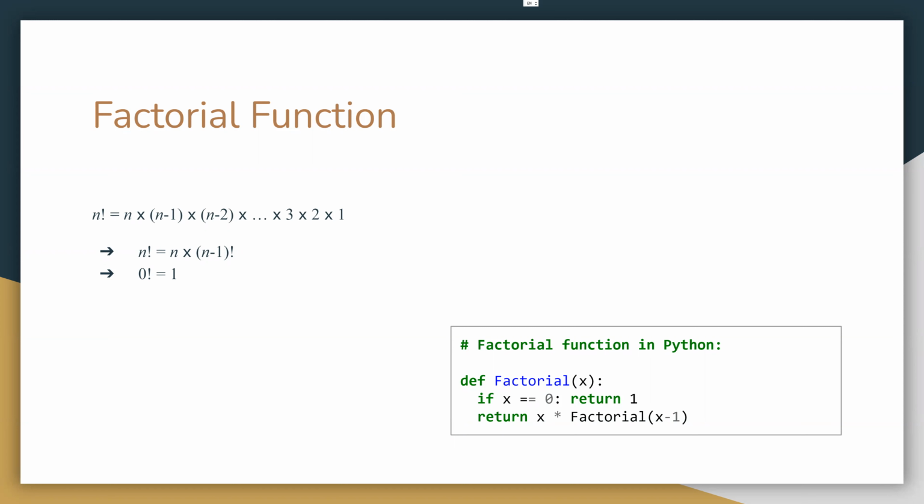So there's a recursion right there. If it is 0, the result is 1. Otherwise, it is this number multiplied by the previous number's factorial. This is the simplest form of recursive functions.